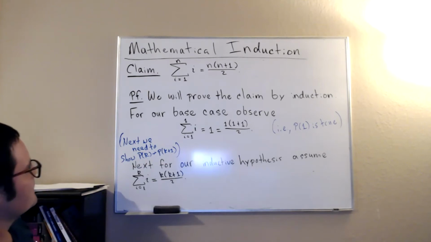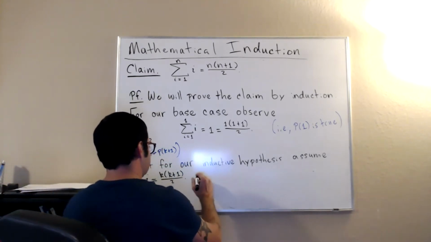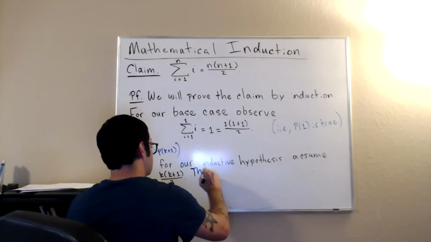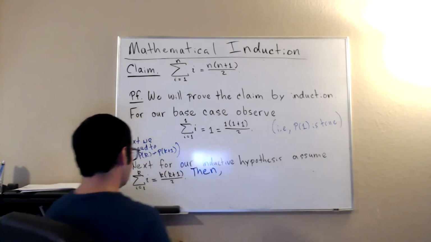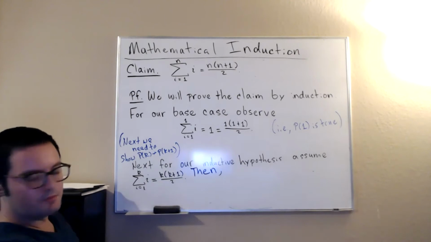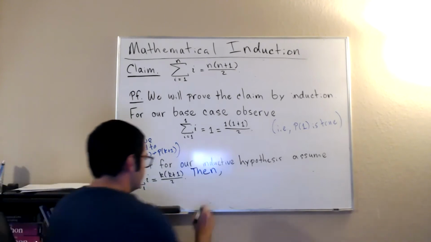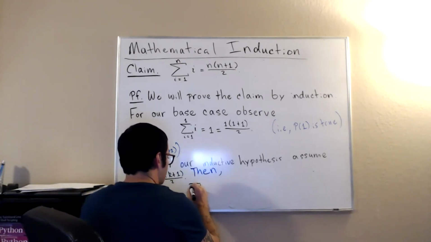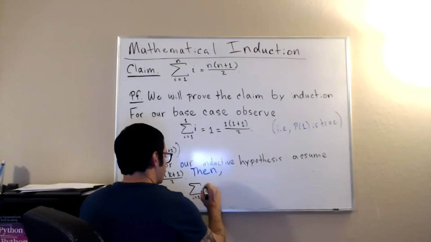Okay? So then, if we look at the sum to k plus 1, right? So i equals 1 to k plus 1.